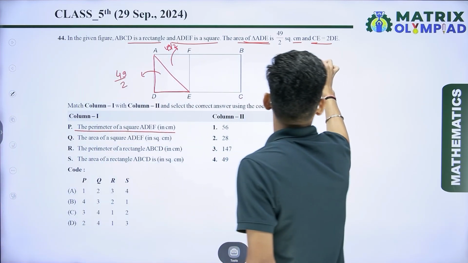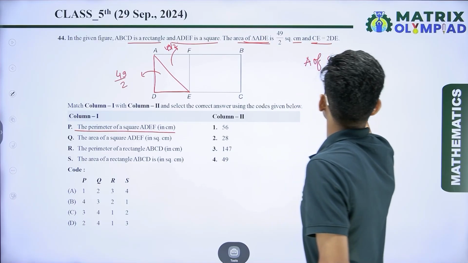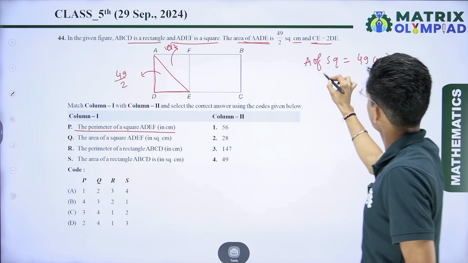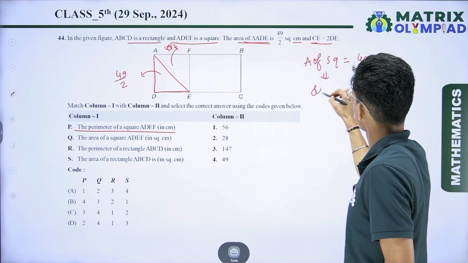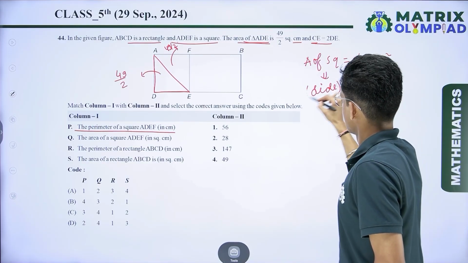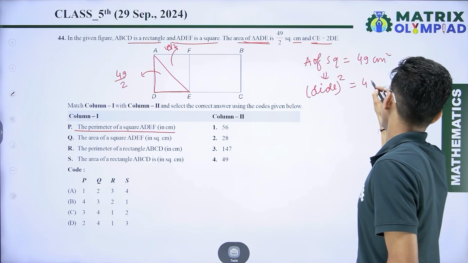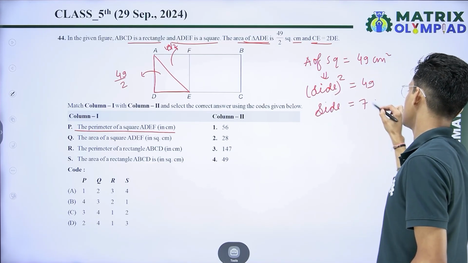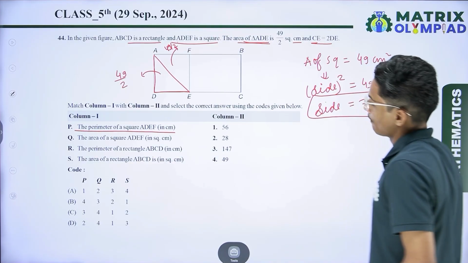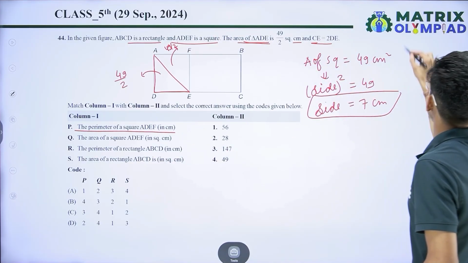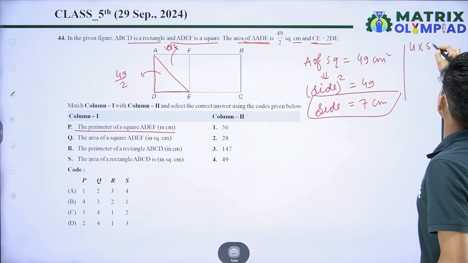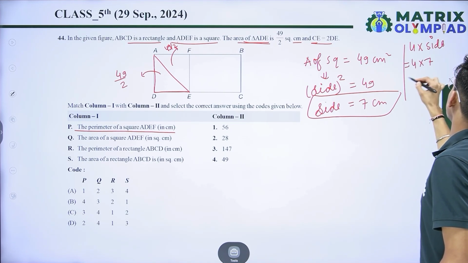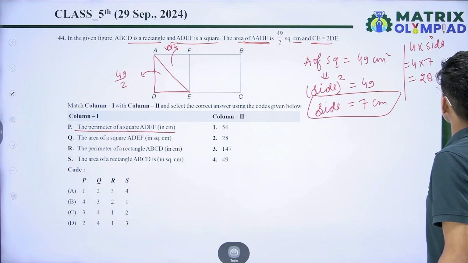So we know the area of the square is equal to 49 centimeter square. Now the formula for the area of a square is side squared, so if that is 49, then the side is 7 centimeter. Now the perimeter of a square is equal to 4 multiplied by the side. So 4 multiplied by 7 is equal to 28 centimeter.